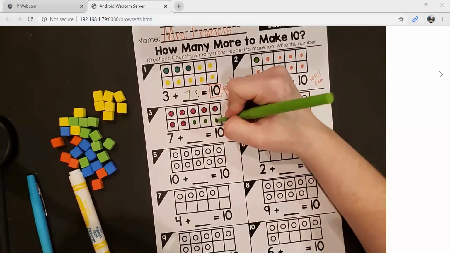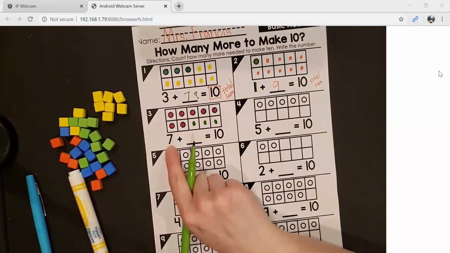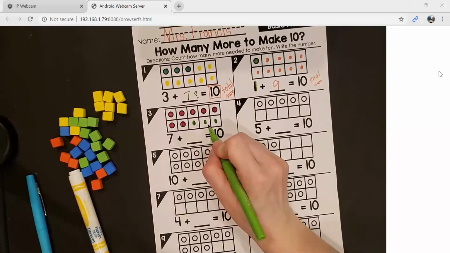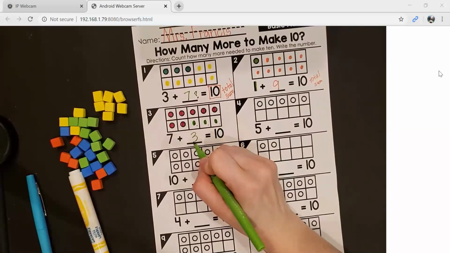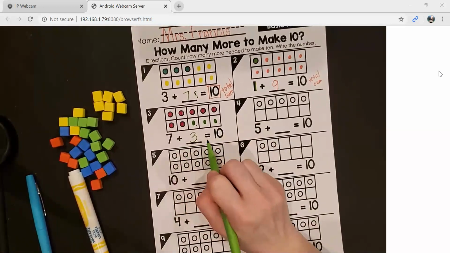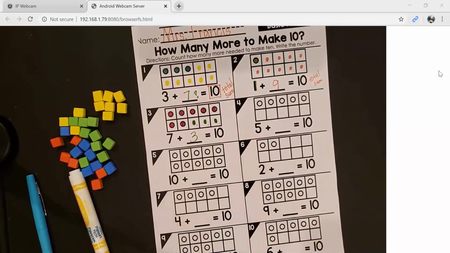So 10 scoops of ice cream, 7 are cherry, and how many are mint? 1, 2, 3. 3 are mint. And together, 7 plus 3 equals a total of 10 ice cream scoops. Woo, I would have a belly ache after I ate all that.